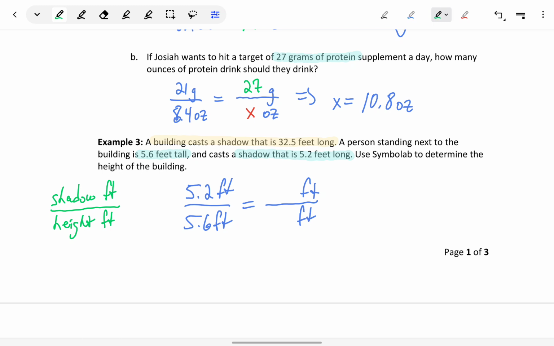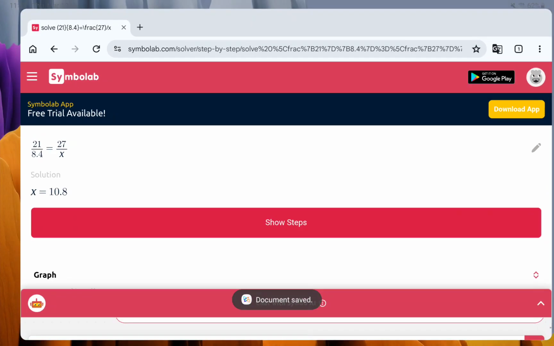So we have the length of the shadow of the building, which is 32.5 feet, but the missing piece of information is how tall the building is. Now, it's not as clear that we have this information lined up since the units are all the same, but notice that what we have in the numerators of both expressions are the lengths of the shadows, and in the denominators are the heights of the person or the height of the object. So we're staying consistent with where we put that similar information.